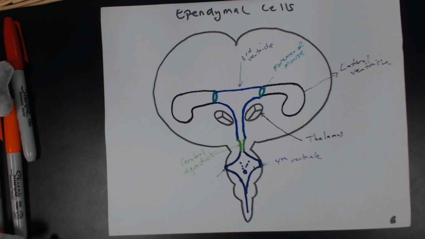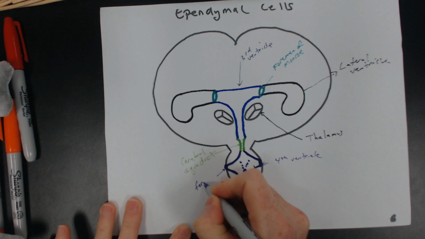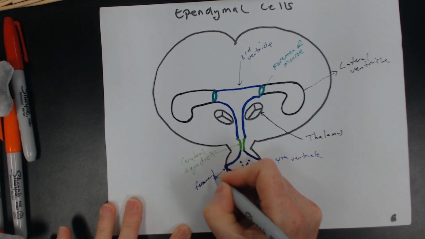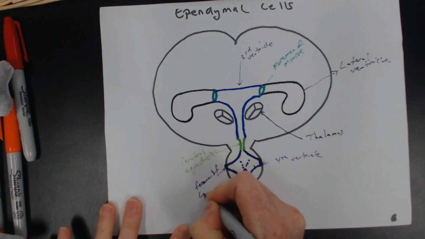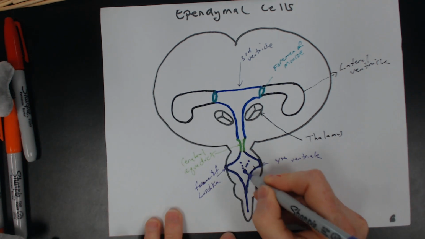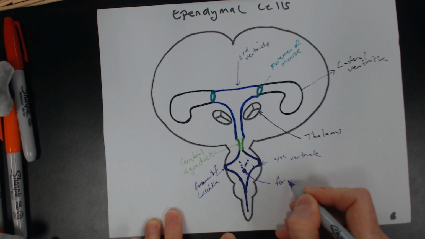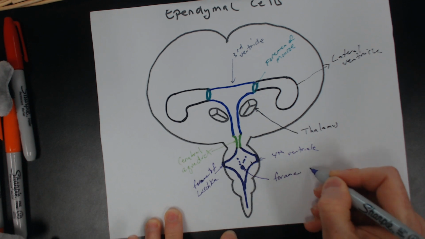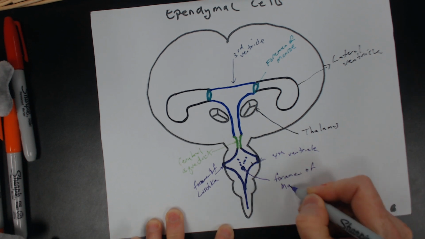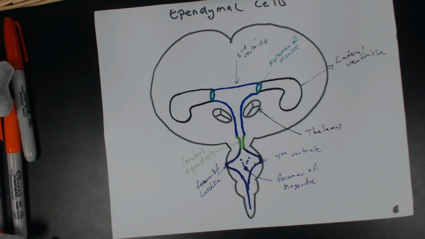There are two that are lateral. Anybody remember those? Foramen of Luschka, Luschka for lateral. And then there's going to be one here in the middle, kind of sticking back. Does anybody remember that one? Foramen of Magendie. I remember that because M for middle, M for Magendie.